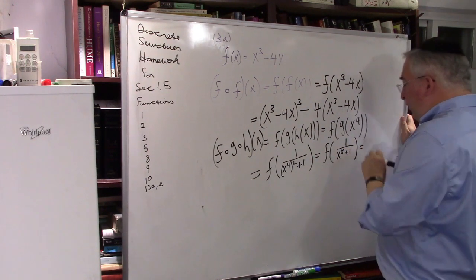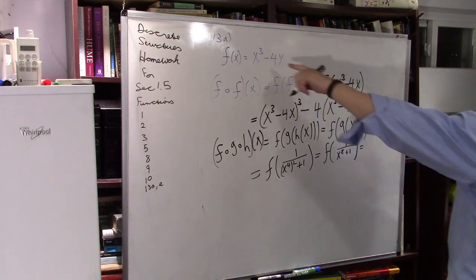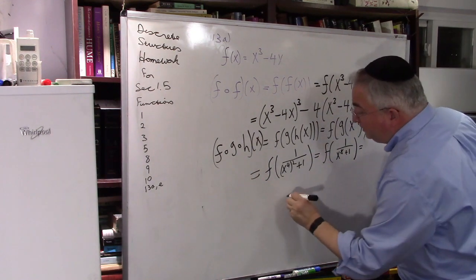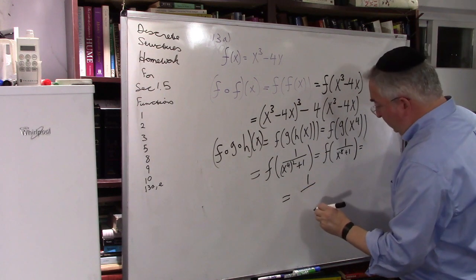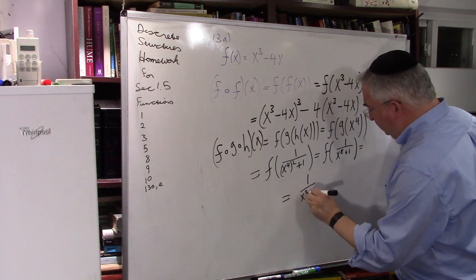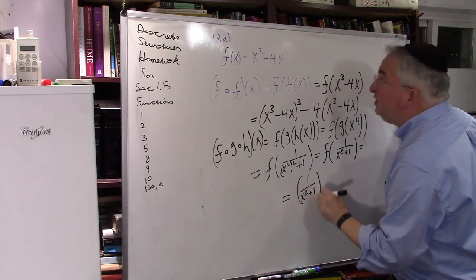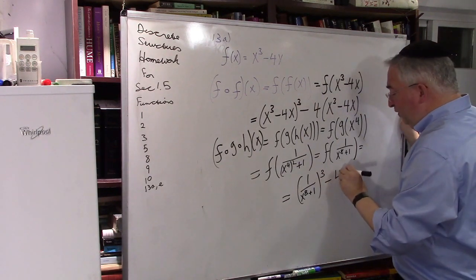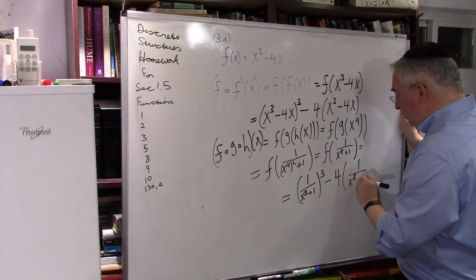Great. Now, what does F do? F does X to the 3rd minus 4X. So this is going to be, you ready? 1 over X to the 8th plus 1, to the 3rd power, minus 4 times 1 over X to the 8th plus 1.